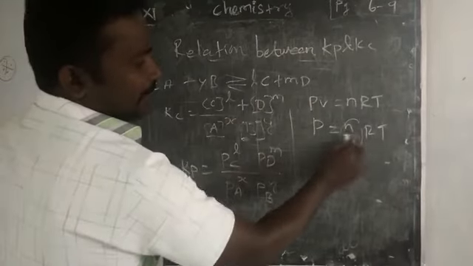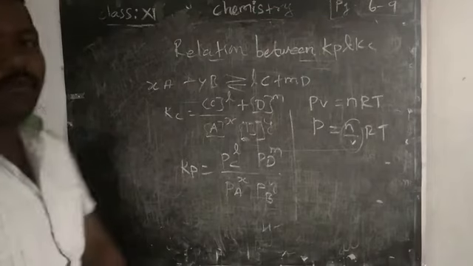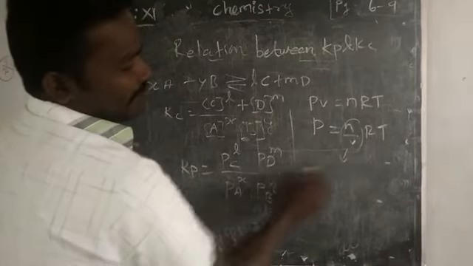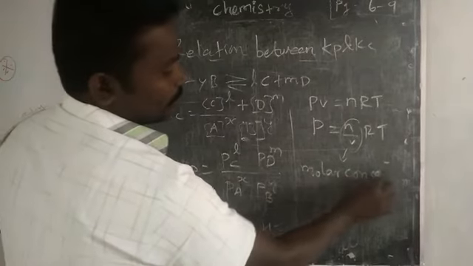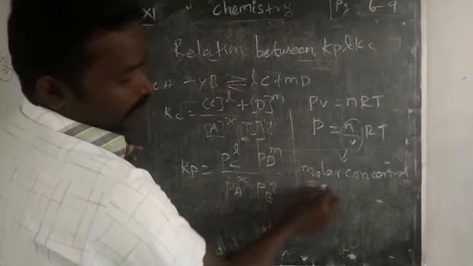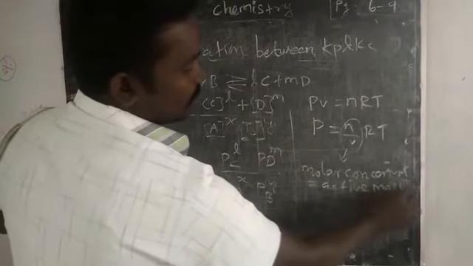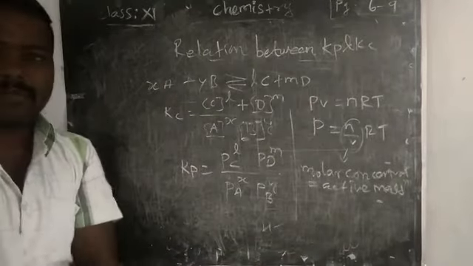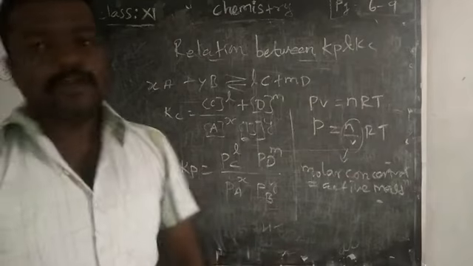Here this n by V is nothing but the number of moles per volume. We can call it the molar concentration, or it is also called active mass. So in the place of n by V, we can say molar concentration or active mass.